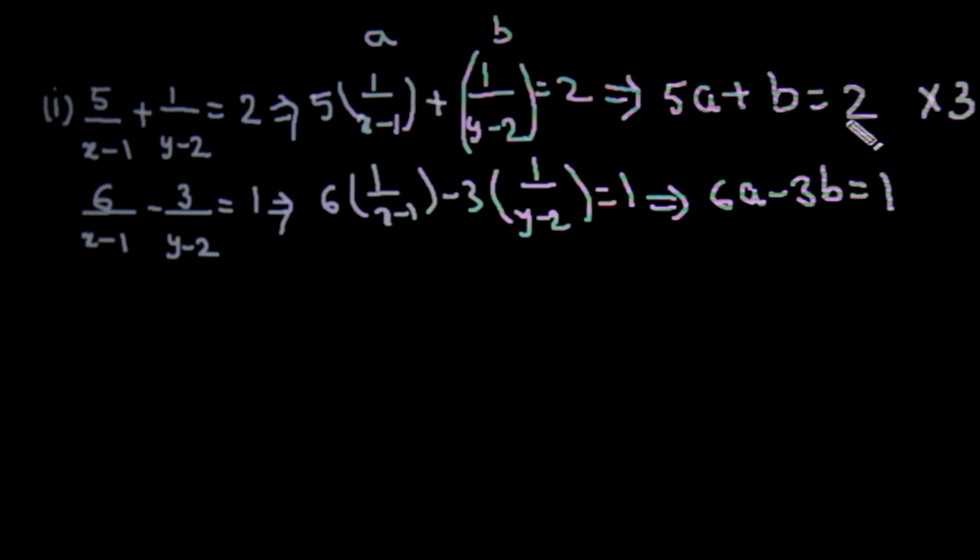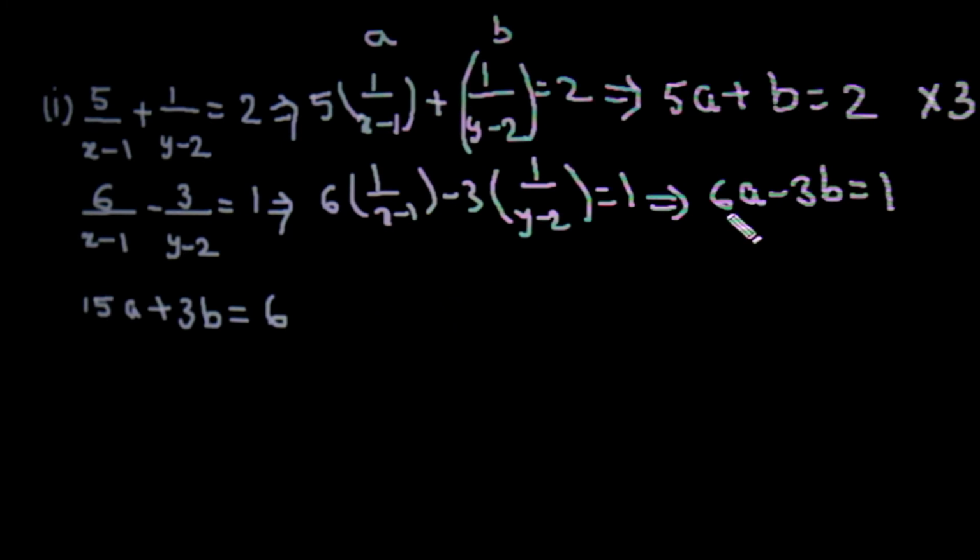If you multiply with 3, you have to multiply each term by 3. 3 into 5, 15a, plus 3 into b, 3b, is equal to 3 into 2, 6.